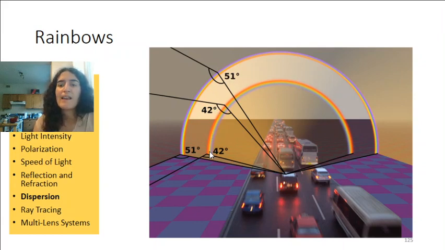At every position in that cloud at an angle of 42 degrees away from you, you would see a red arc. At 40 degrees from you, you would see the blue arc. So that tells you the order of the rainbow in the primary arc is blue to red. The order of the rainbow in the secondary arc is actually red to blue.